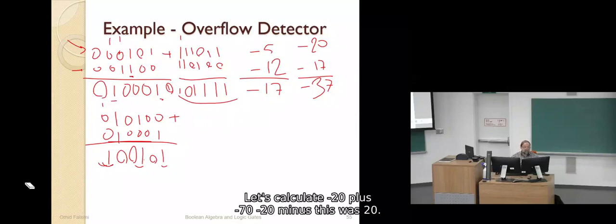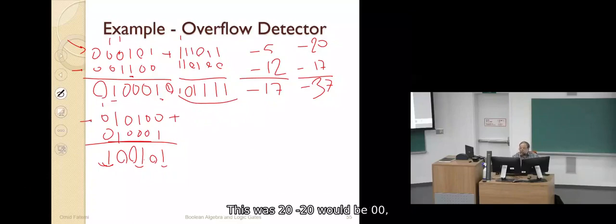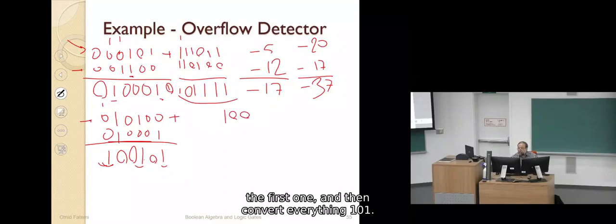Now let's calculate minus 20 plus minus 17. Minus 20. This was 20. So minus 20 would be 0, 0, the first one, and then convert everything. 1, 0, 1. This is minus 20 and minus 17.